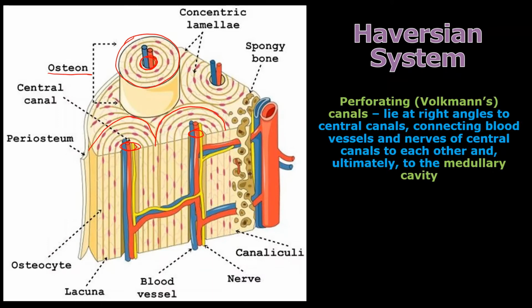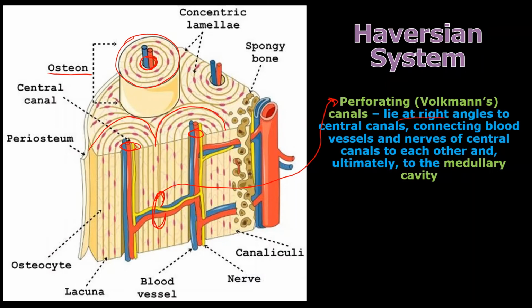So a new structure we haven't seen is this thing right here. I'll put a halo around it, and I'll kind of run a line all the way over here like that. That's called a perforating canal, or old school, a Volkmann's canal. And notice it does not go up through a central canal. It kind of connects two central canals to each other, and that's what it says it does here.